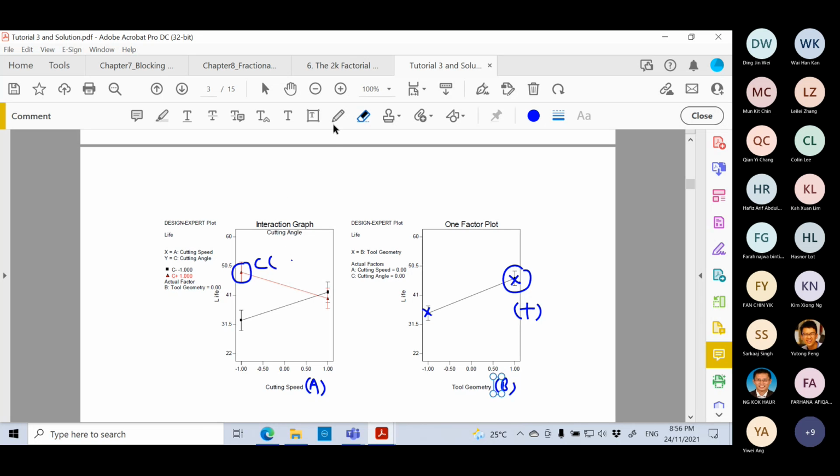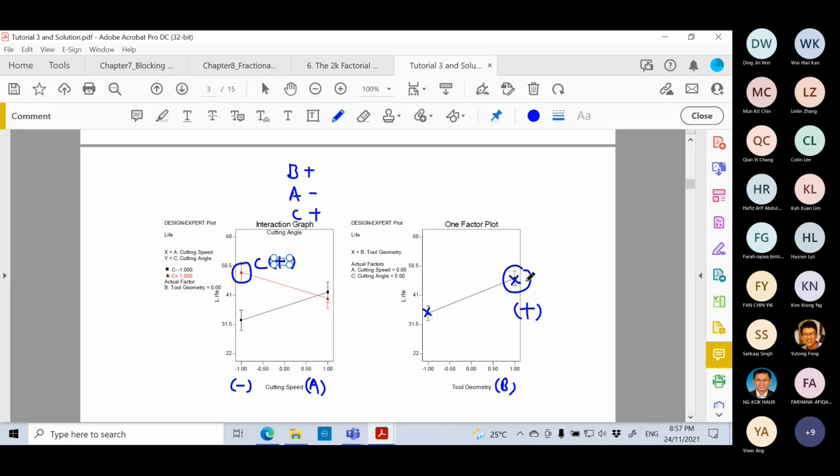The A is at the negative level. So this one is B at the positive, A at the negative, and C at the positive. So these are the combination of the levels you should consider if you want to increase your life.